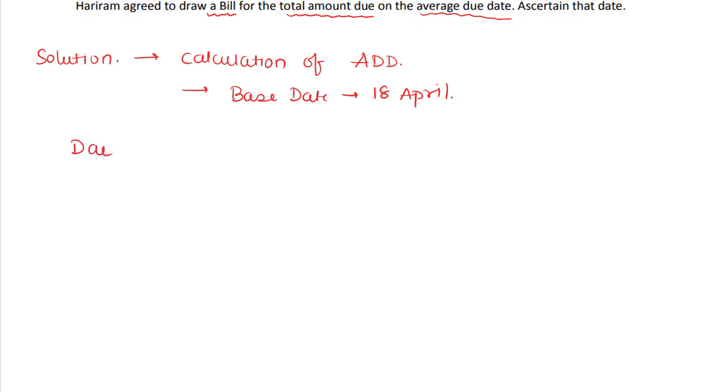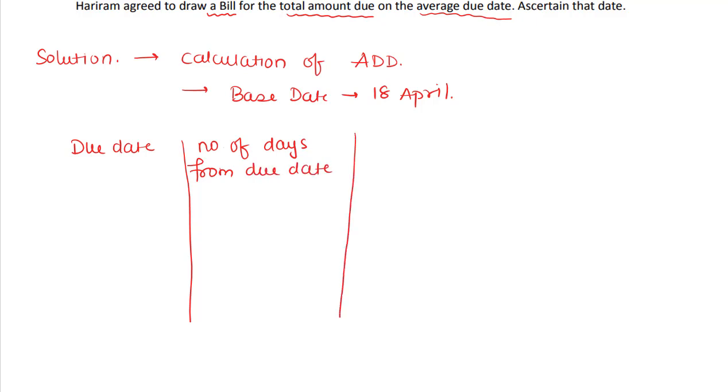Make four columns: due date, number of days from due date, amount and product.